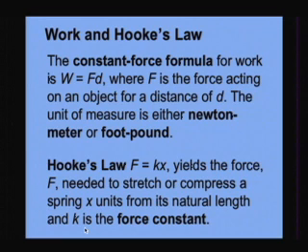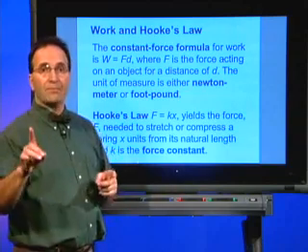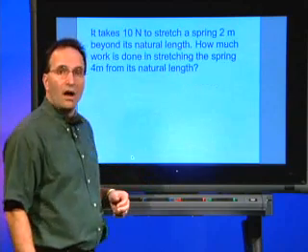And Hooke's law, which is F equals kx, yields the force F needed to stretch or compress a spring x units from its natural length. And k is the force constant. Let's work an example where we use Hooke's law.